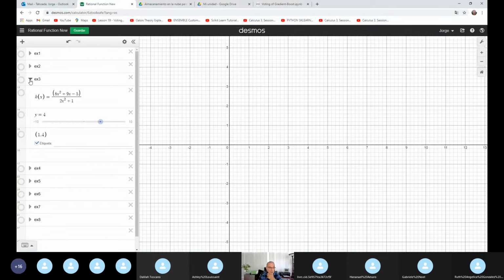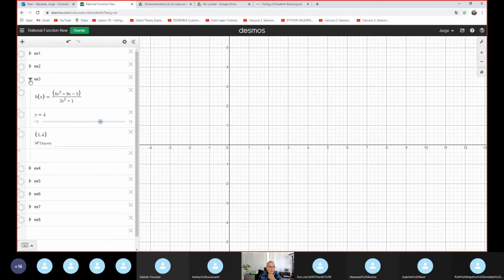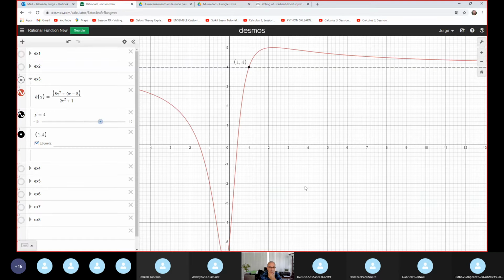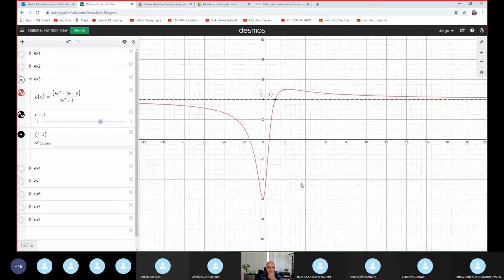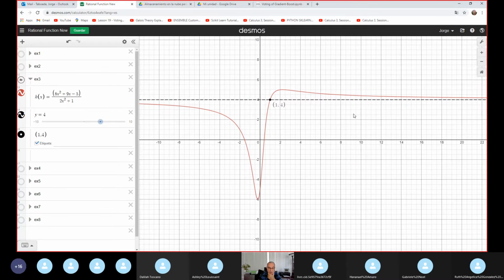Okay, this is example 3. Look, example 3 is something like that. Boom, look at that. This is the graph of the function. My function is the red curve, and we discover that we have one horizontal asymptote at y equal 4. Look, it's true.